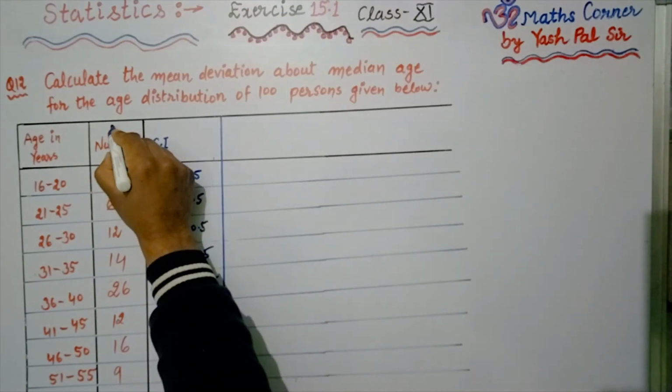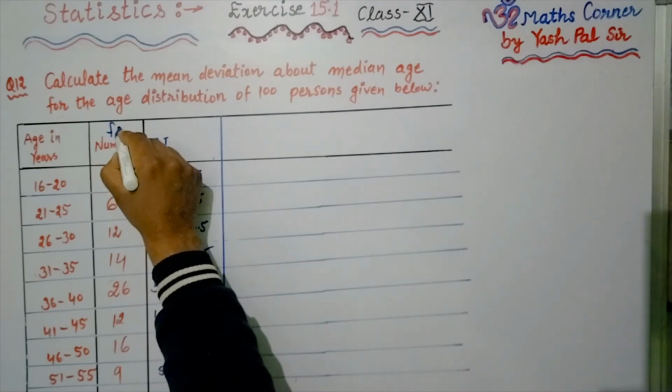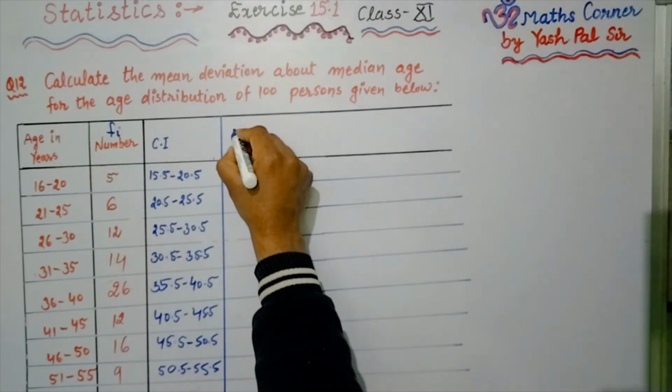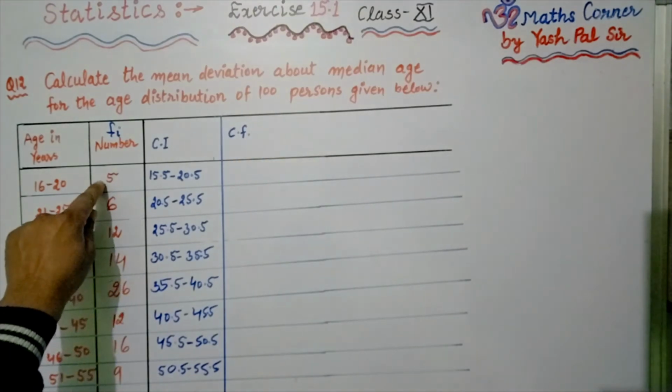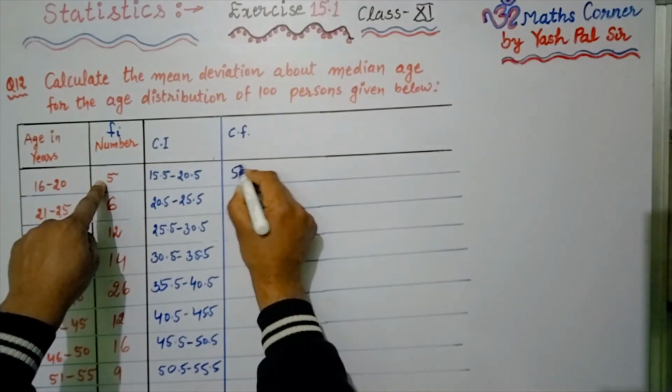Now we have the frequency given. First of all we find the cumulative frequency. 5 is written as it is, no change.